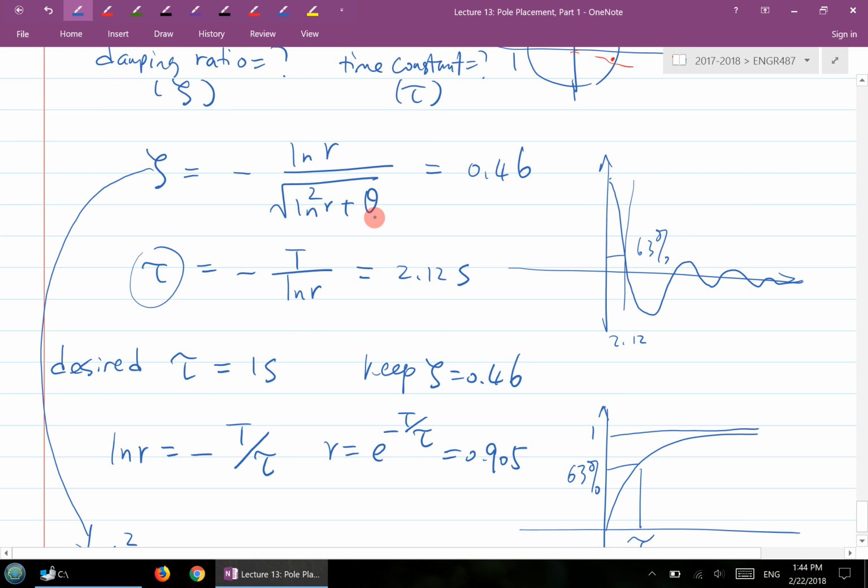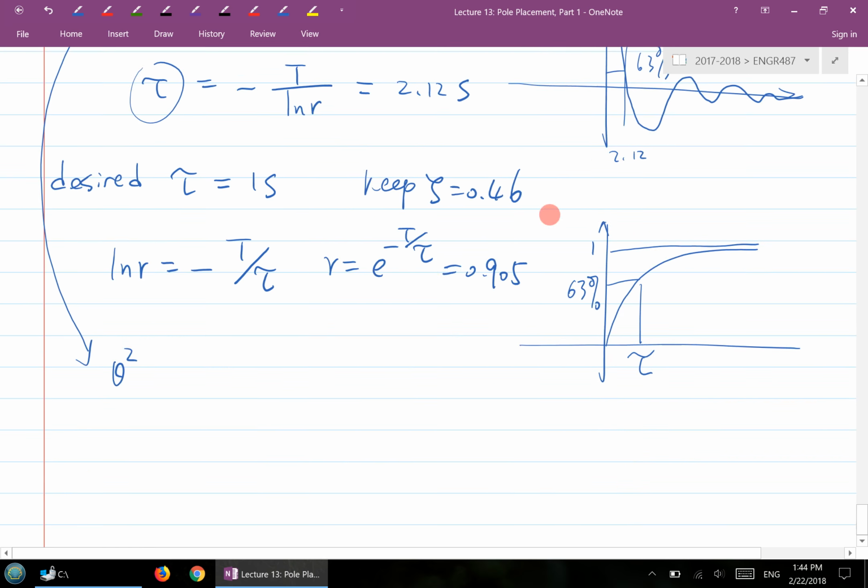So square both sides, and you can solve for theta squared. Theta squared equals ln squared R over zeta squared minus ln squared R. Then you can solve for theta. So theta here will be 0.193 radians.